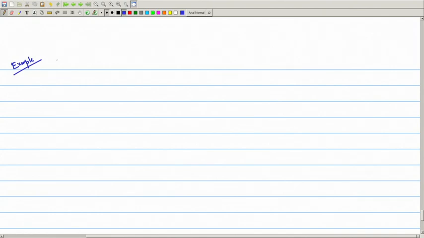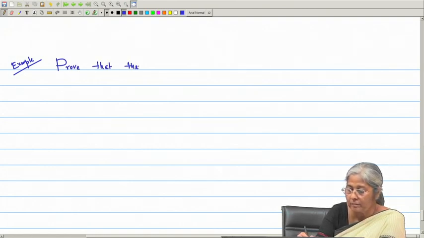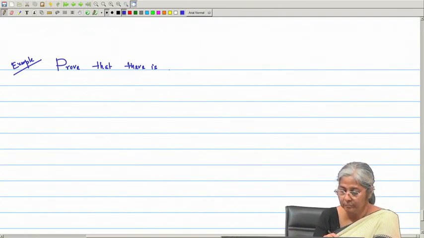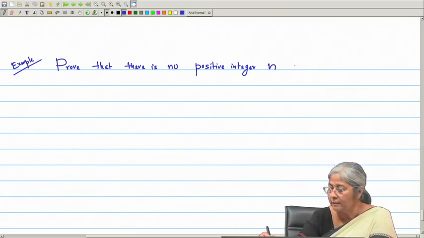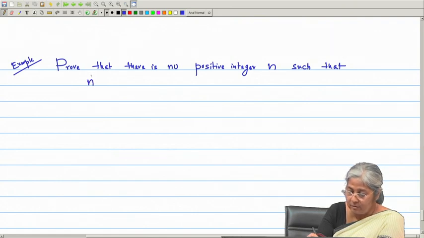We see another example. Prove that there is no positive integer n such that n square plus n cube equal to 100.